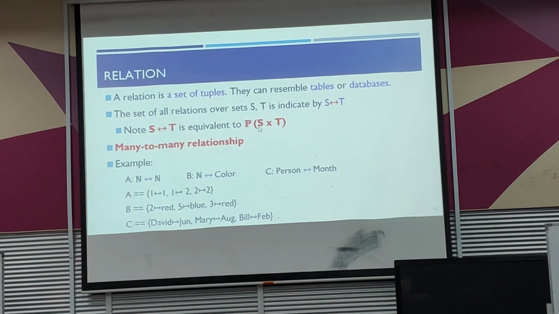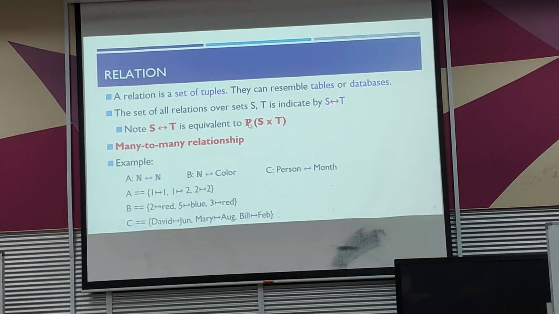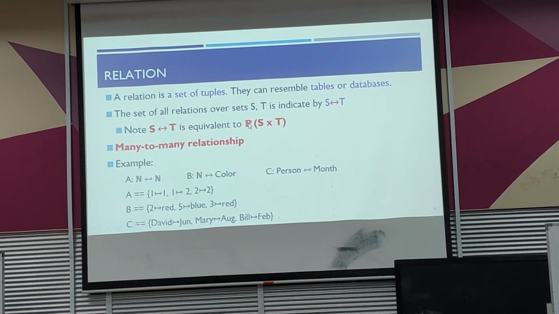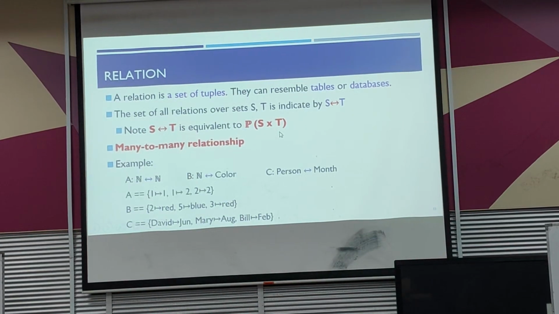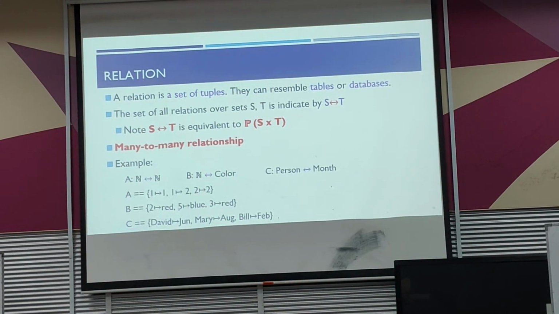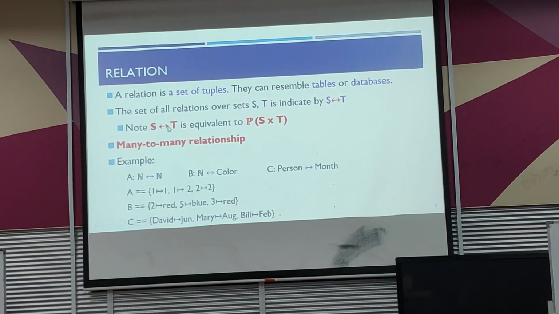Let's say S and T is a tuple, but you have power set outside. If it is a many to many relationship, you change the whole thing, remove the power set, and just put a double-sided arrow here. A double-sided arrow means relation.